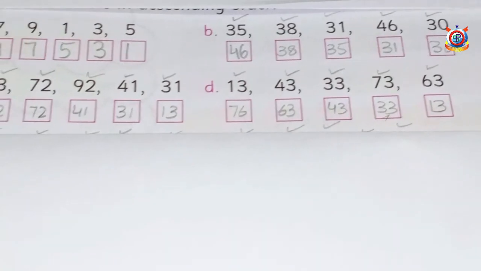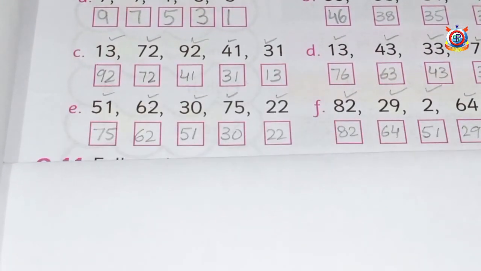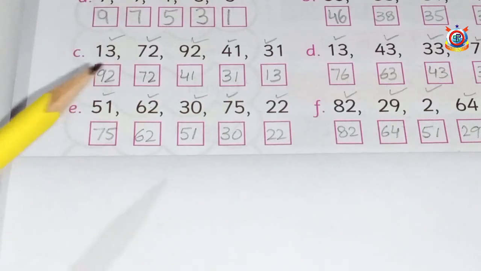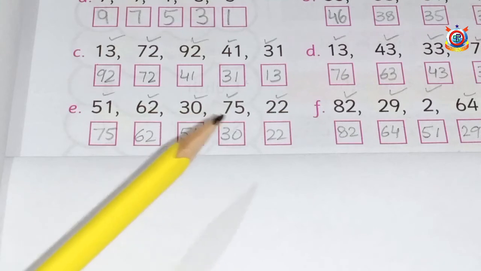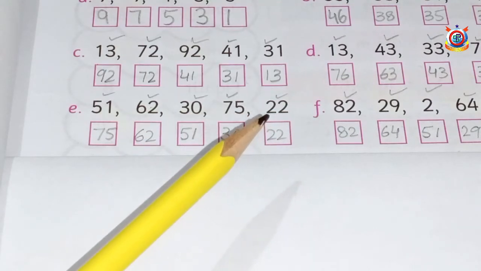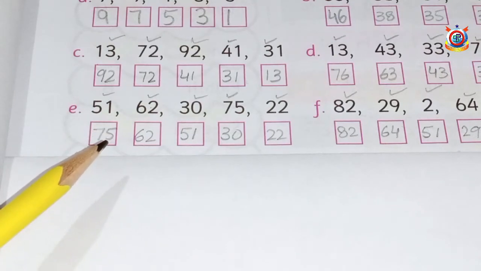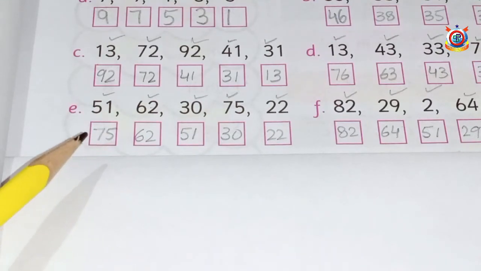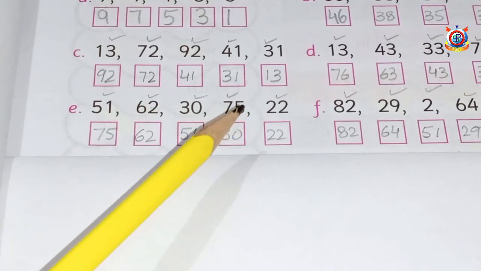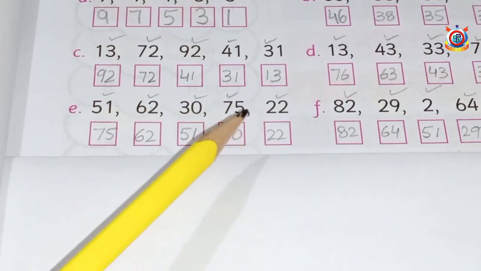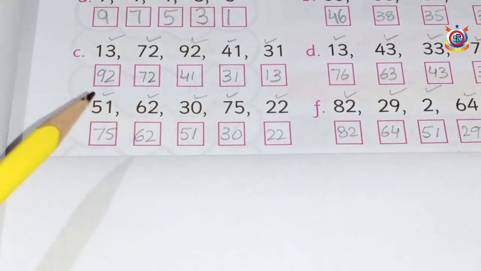Okay, now we are moving towards part E. This is 51, 62, 30, 75 and 22. Okay students, now 75 is the largest number here. Which number is the largest? 75 here is the largest number. And after 75, which number is smaller than 75? 62.